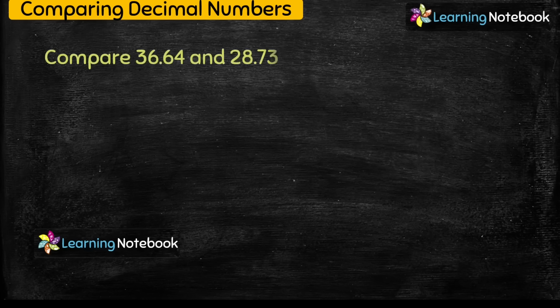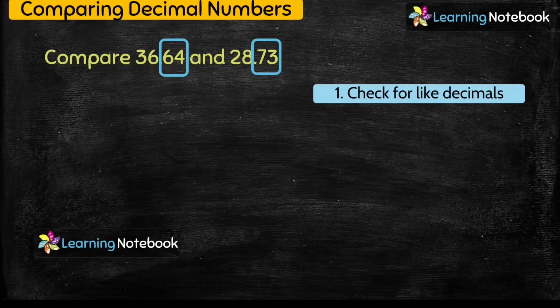Question is, compare 36.64 and 28.73. So step 1 is check for like decimals. Both these given decimal numbers have two decimal places. So they are like decimals.